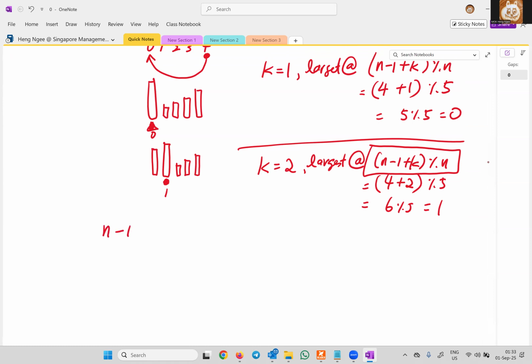One small note: this expression can actually be simplified a bit, equals k minus 1 plus n, mod n. I just rearrange the elements inside. You realize that in this case, the plus n can be removed.